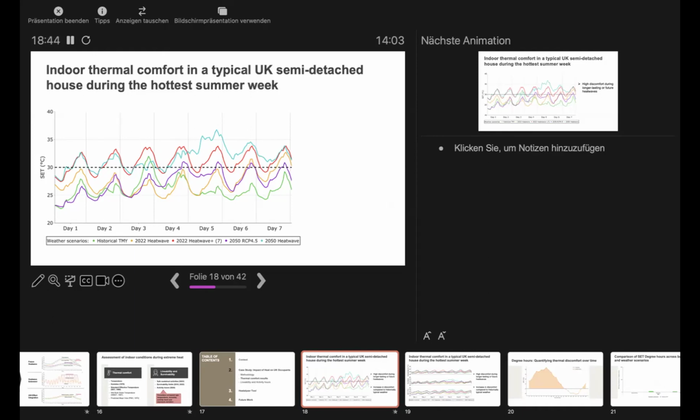But this is essentially where we ended, and of course, in future work it would be interesting to run this more and look at identifying specific houses that would be vulnerable. What we have now is just different housing types, and you could choose different weather scenarios and see if you would land in the range that's not survivable anymore. Which currently, if I remember correctly, only happens for 2080 for the most vulnerable housing types.